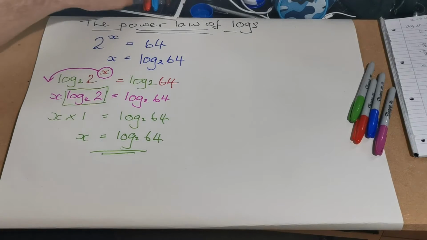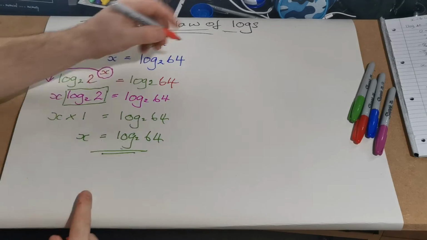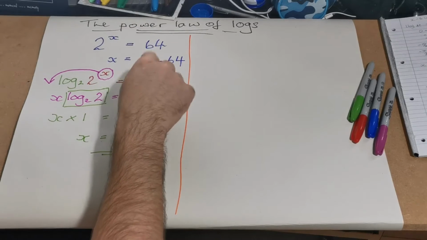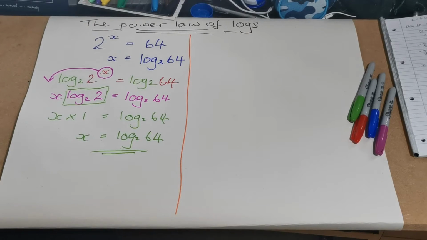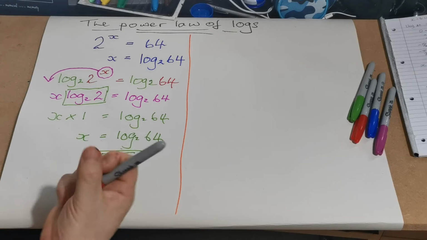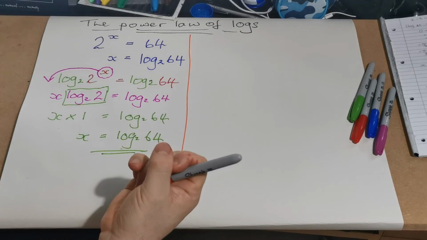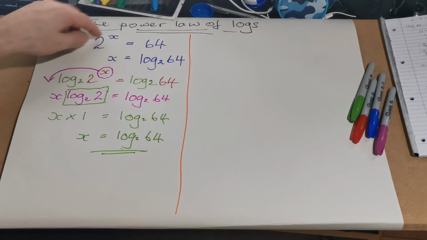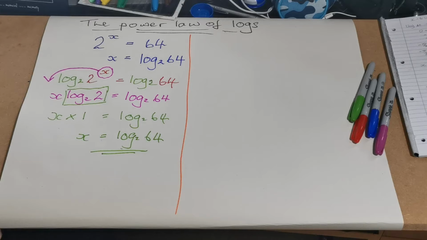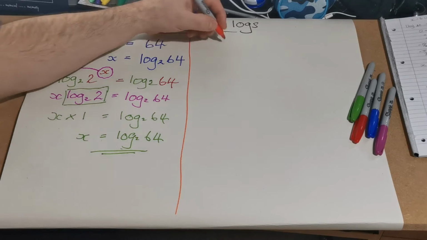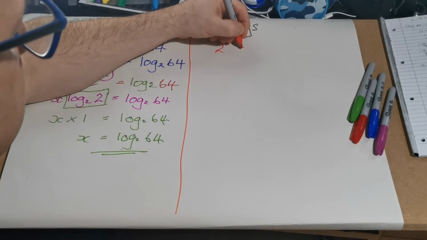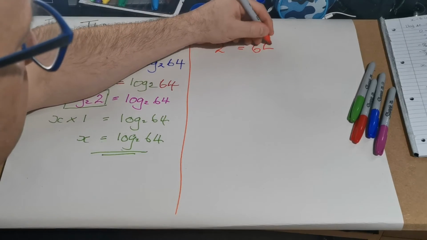Now, more primitive calculators, if you were still using one of those, might not enable you to find log to the base 2. In fact, most calculators up till fairly recently have used log to the base 10 or log to the base e, which we spoke about was ln. Right, I'm going to do the same problem here, but I'm going to use a different log. So I've got 2 to the x is equal to 64.